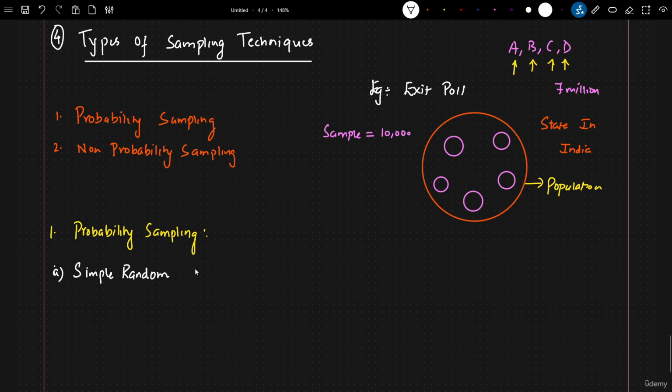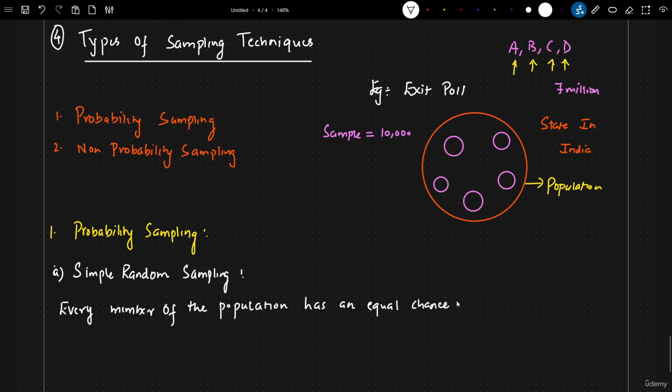In this kind of sampling, every member of the population has an equal chance of being selected.